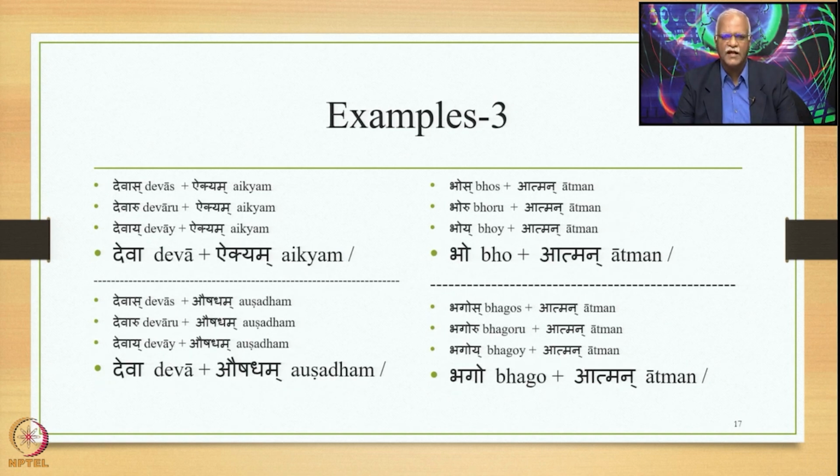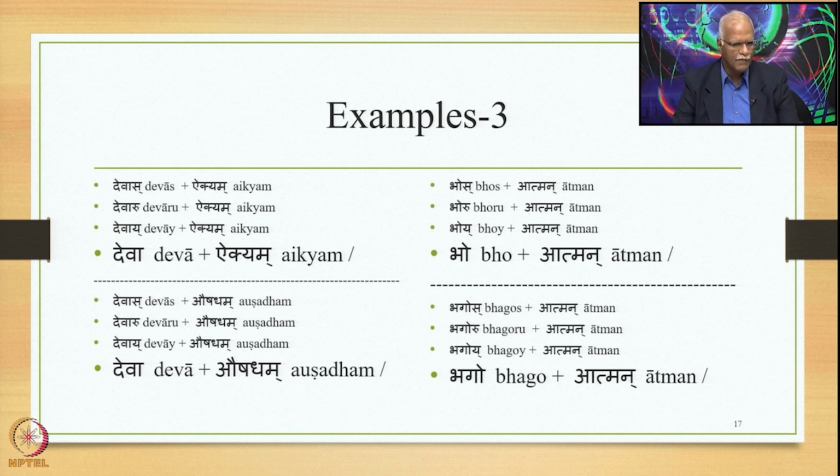Then deva plus aikyam. So devas is the basic input, devas plus aikyam. Sa gets substituted by ru by sasajusho ruhu 8-66. Then ru gets substituted by ya, bho bhago agho apurvasya yoshi 8-3-17, and then this ya gets deleted optionally by lopashakalya 8-3-19.